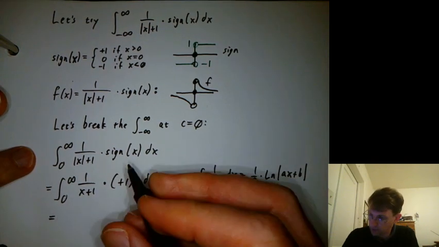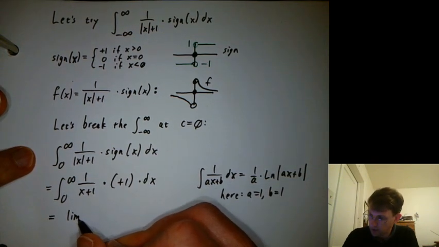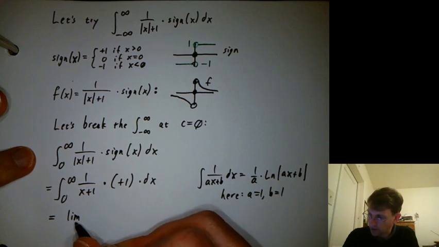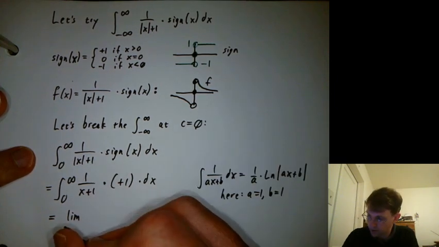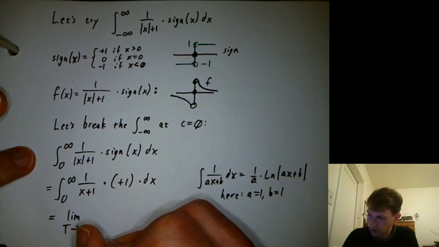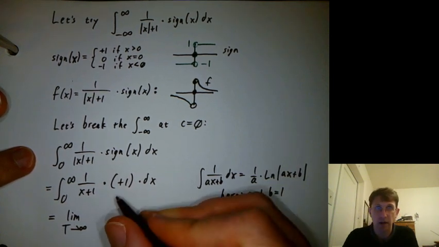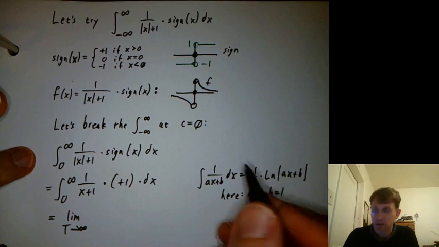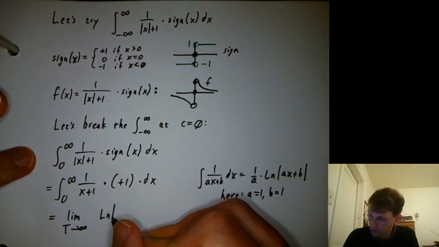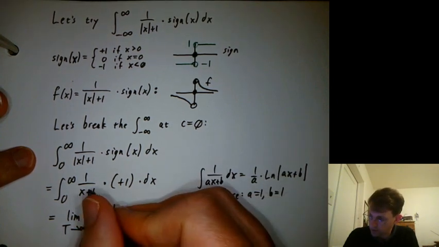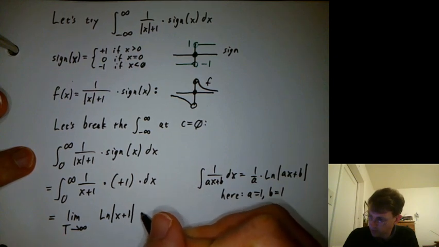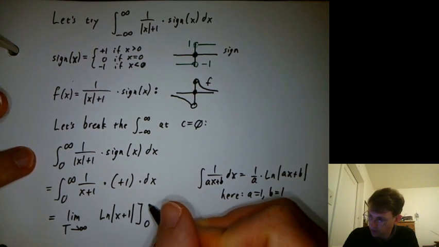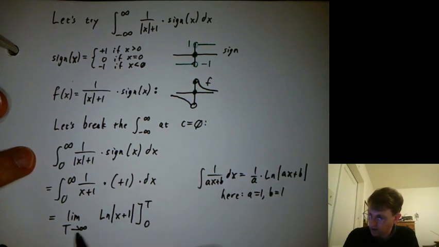So this integral would be the limit, and here I already used b for my upper end, so I'll just use a capital T for the upper end here. The name doesn't really matter. So we can just say log of basically this linear thing from 0 to capital T.